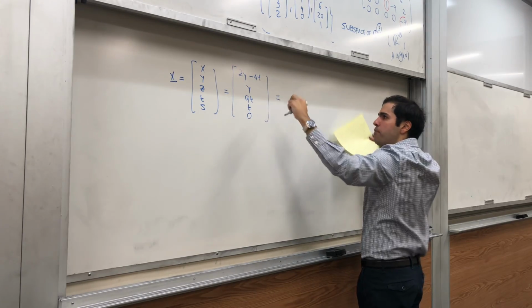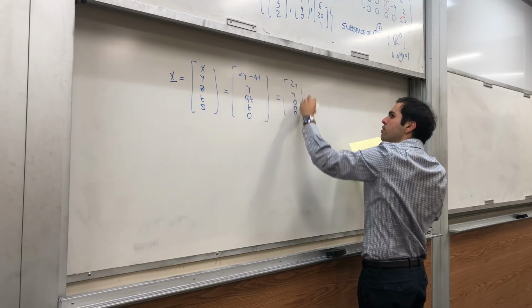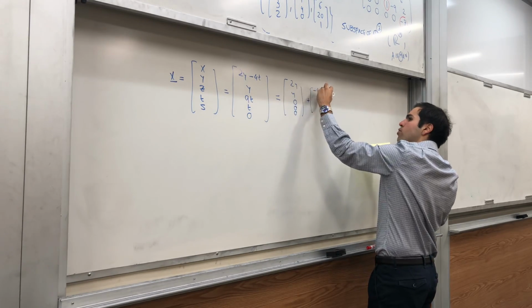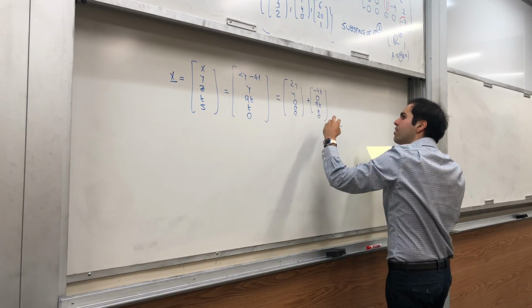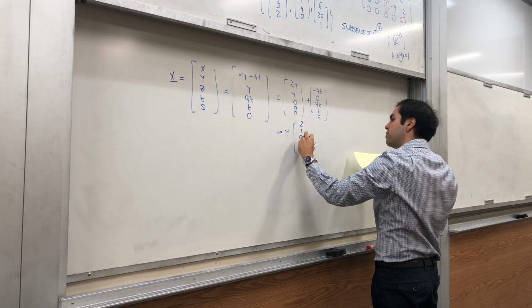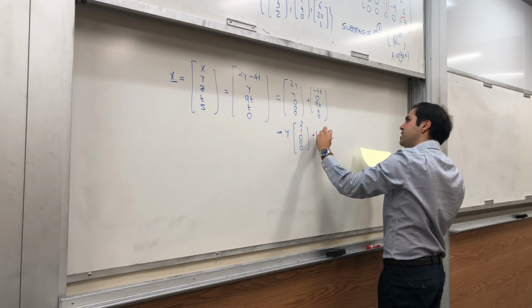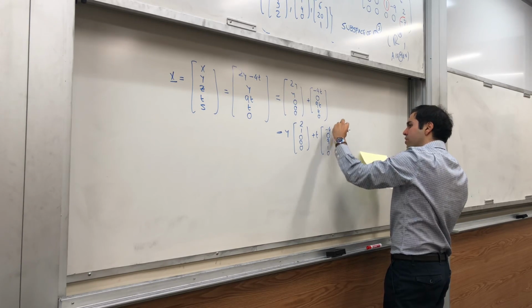And you can separate out the y's: 2y, y, 0, 0, 0, plus minus 4t, 0, 9t, t, 0. And you get y times (2, 1, 0, 0, 0) plus t times (minus 4, 0, 9, 1, 0).